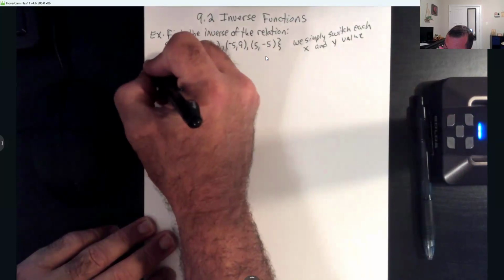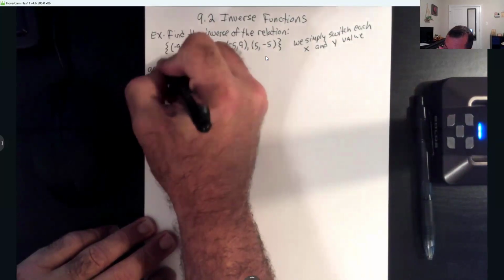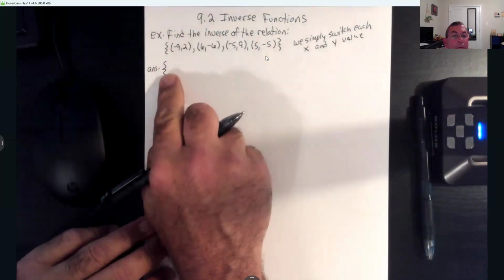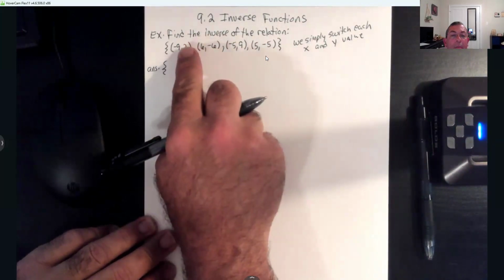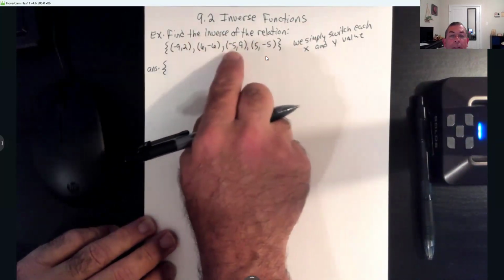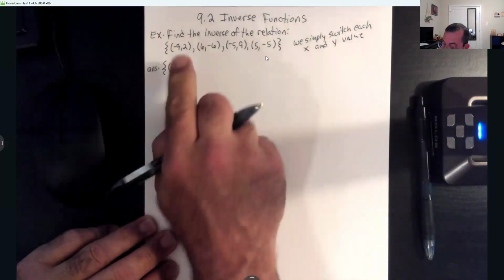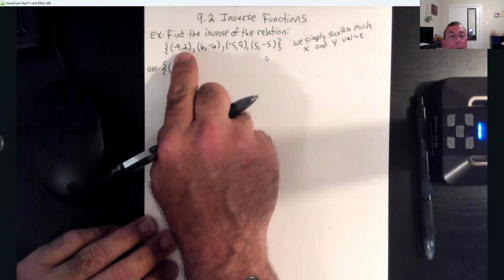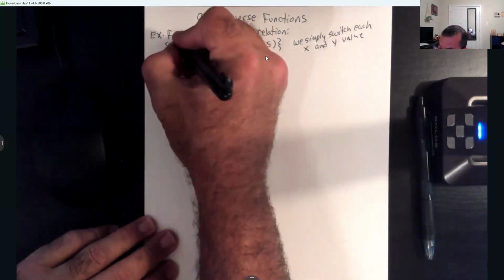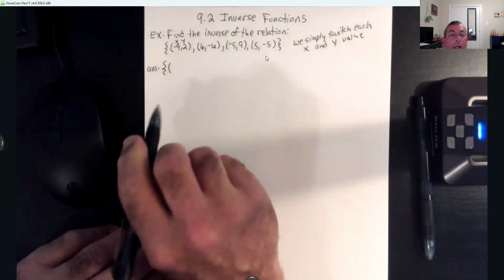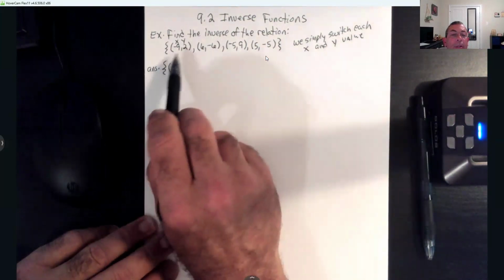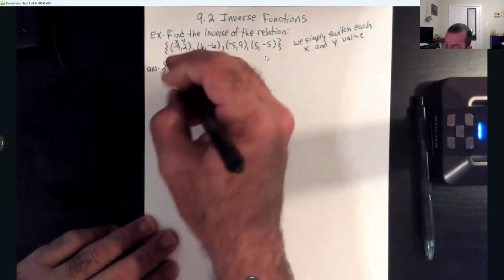Okay, so here's our answer. Now, MATLAB will give you the curvy parentheses, but when you put your points, you got to put all these commas too, okay? So for the first point, remember this is the x and that's the y when you're in ordered pairs. We're just going to switch them so that we get a 2, -9.